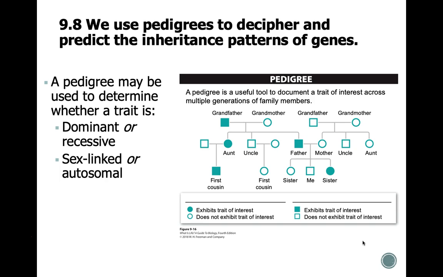So a pedigree is a really useful tool to determine whether or not a trait is dominant or recessive, and also whether it is sex-linked, meaning located on the X chromosome, or if it's autosomal. We'll talk about that a little bit more in a few minutes. Pedigrees are also really powerful tools for humans, because humans are really bad model organisms. We have really long generation times.